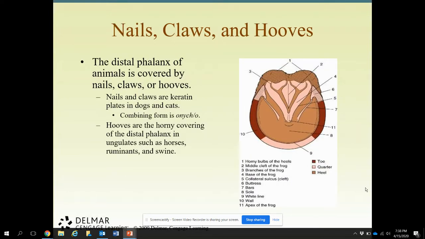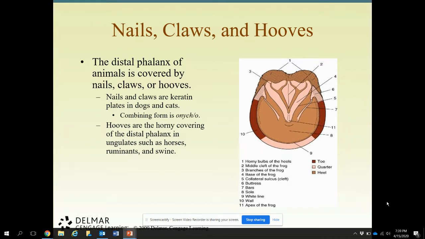The distal phalanges or phalanx of animals is covered by nails, claws, or hooves. Nails and claws contain keratin plates in dogs and cats. Hooves are the horny covering of the distal phalanx in ungulates, such as horses, ruminants, and swine.